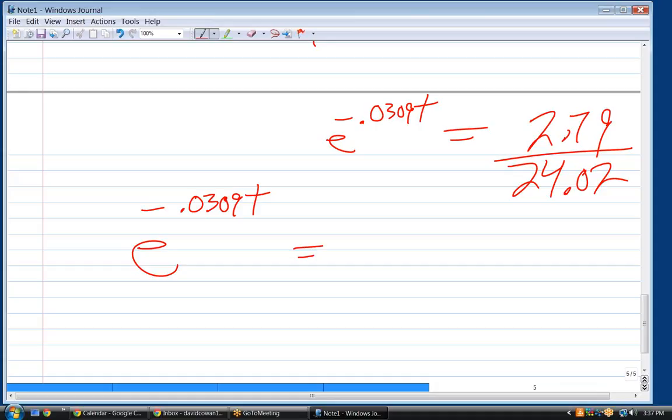It's about 0.1 maybe. 2.1 divided by 24.02. It is 0.1161. Okay. So now this is our equation. Now this is the key step. What do you have to do to solve for t here?